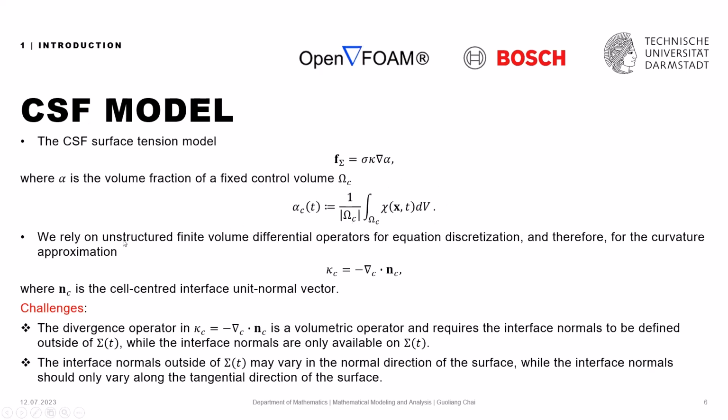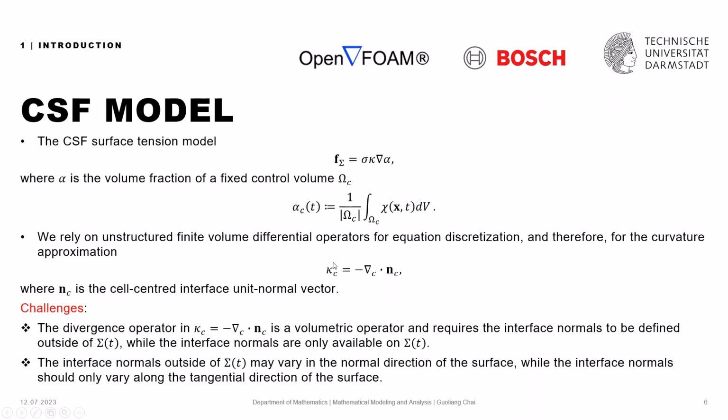We rely on unstructured finite volume differential operators for equation discretization because we're using OpenFOAM. It's a finite volume method. And the curvature approximation is kappa equals minus the divergence of n_c, the cell-centered interface normal vectors.